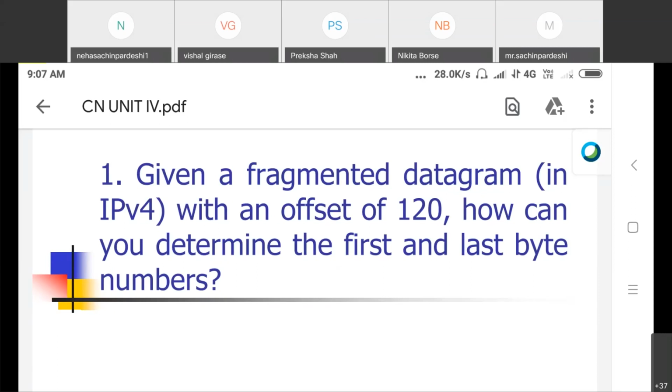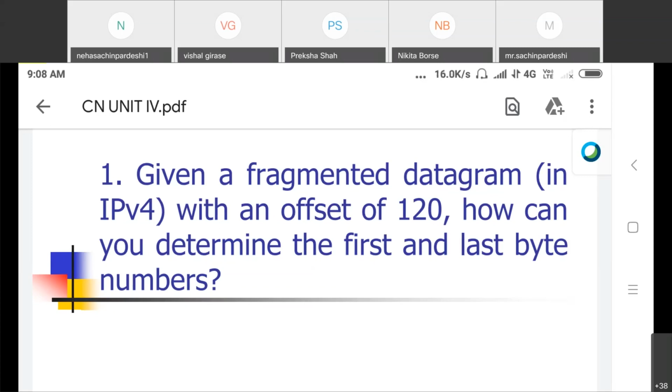Now in this problem, the offset value is given as 120. How can you determine the first and last byte number? If the offset value is 120, we can determine the first byte number.